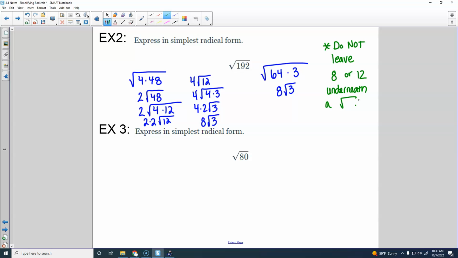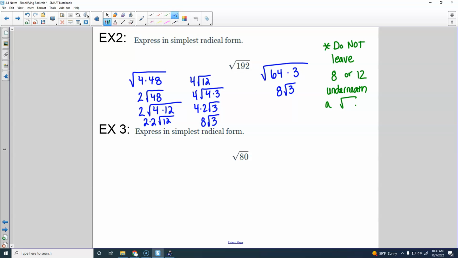I'm just giving you this warning because for many years of grading things, I will tell you that lots of kids leave 8 and 12 underneath a square root. There's other numbers you can't leave under a square root. This is just a very common mistake. 8 seems really small. It seems like you should be done, but 8 breaks down into 4 times 2. So you'd have to break it down further. If you have a square root of 8 or a square root of 12, you're not done. So watch out for that.